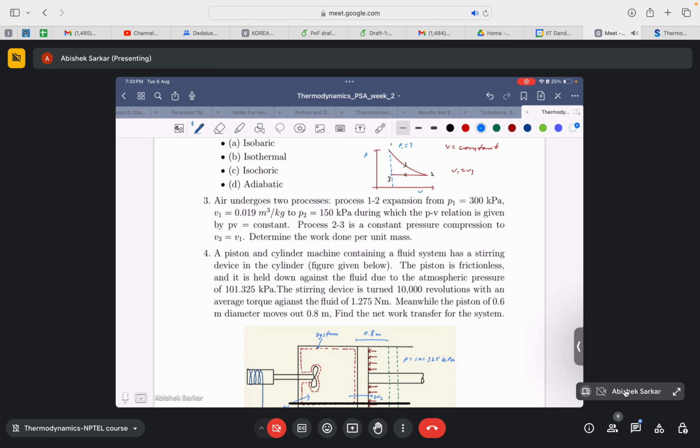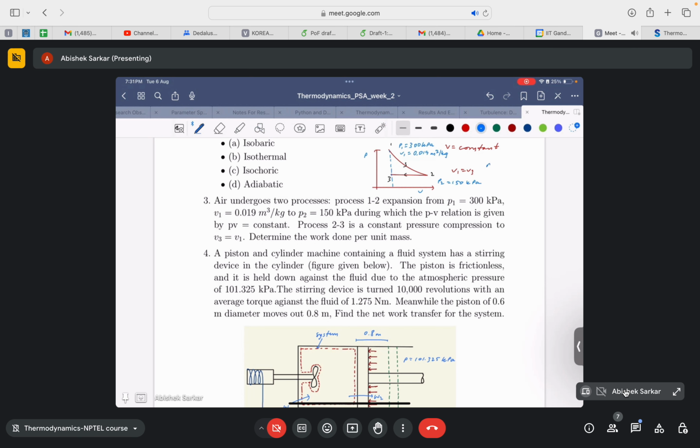P1 is equal to 300 kilopascal. V1 is 0.019 meter cube per kg. See, it is in meter cube per kg, so it is specific volume. And P2 is 150 kilopascal.